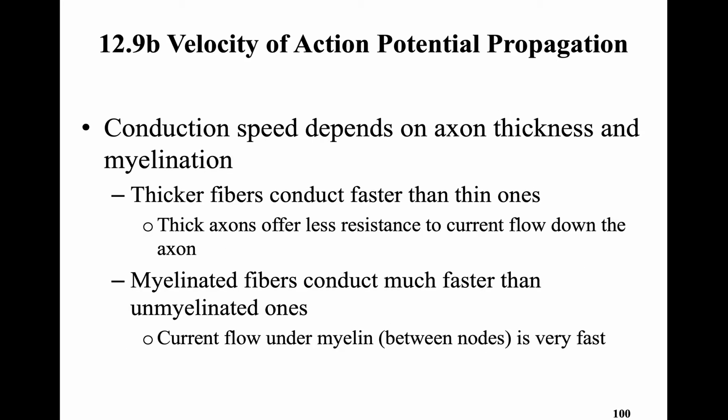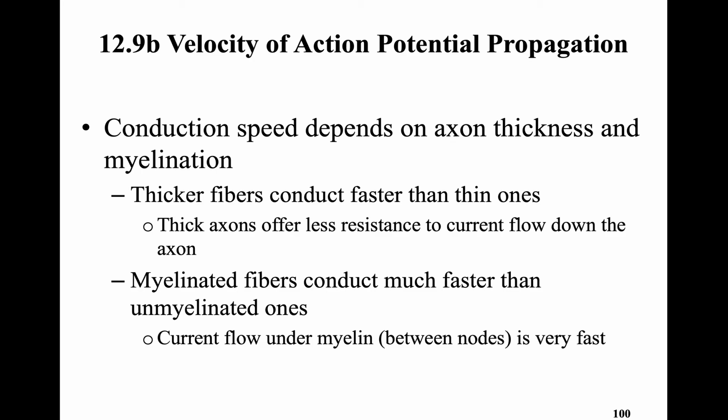Okay, now the last slide that I have here talks about why we have a speed issue. Here are two things that make conduction go faster. One is myelination, and the other is the thickness of the myelin. The thicker it is, the faster it goes.